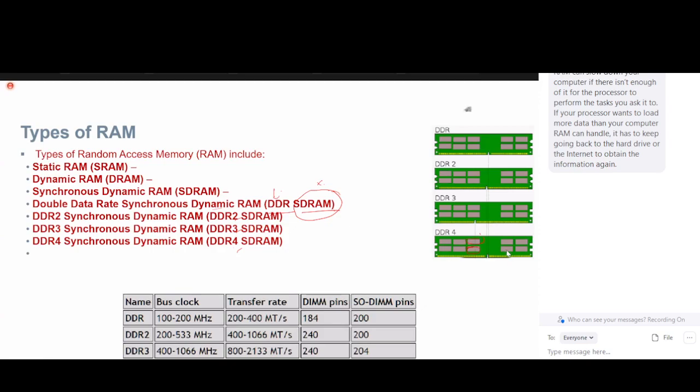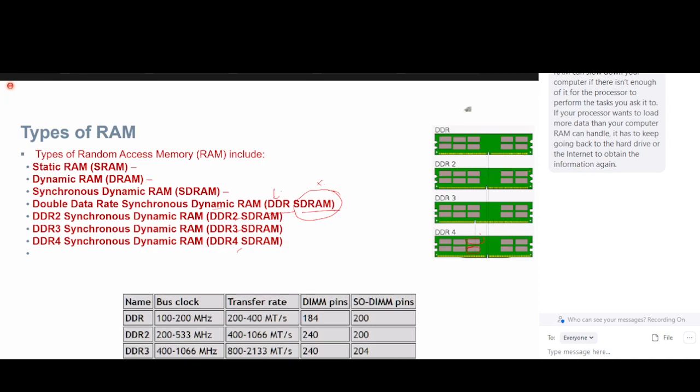So look at these modules. They differ. If you look at the chip you're going to purchase, right? If you're going to purchase a memory module for your system or for your customer's system, how do you differentiate whether it is DDR4, 3, or 2? You look at the pin layout.